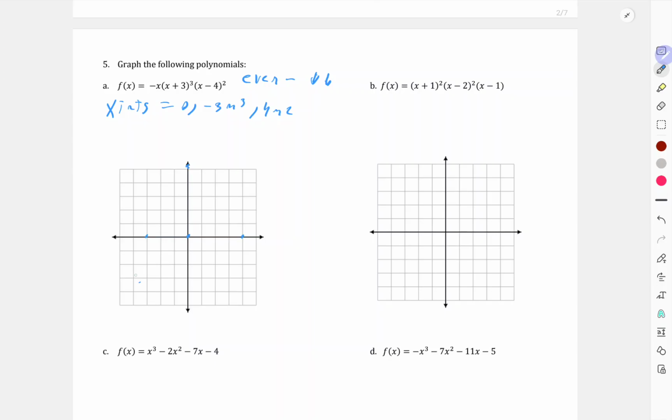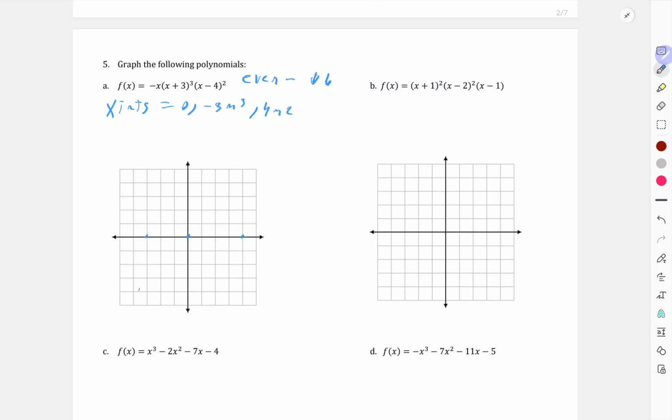Oh wait, actually I think it's going to go like 2, and that's not a good enough kink. Actually, no, because it's going to go through that x-intercept, isn't it? And then it's going to bounce.